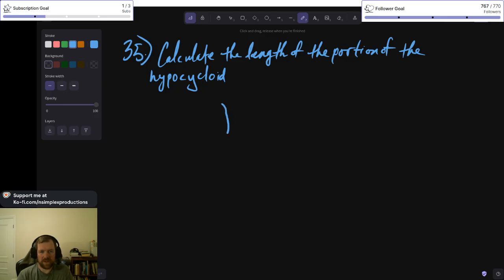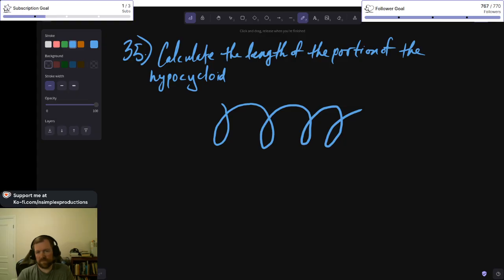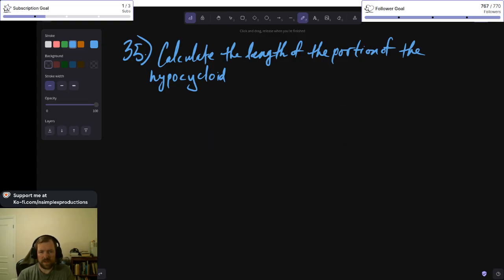So hypocycloid is something that's going to look more like this if we were to continue it on. A cycloid is the one that if you were to hook a light onto the outside of a wheel, the path that it would eventually follow would look something like this.